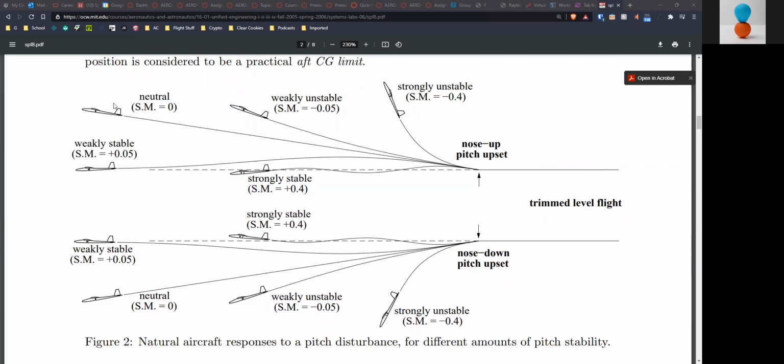Basically, the main kind of stability we worry about for the kind of planes that we make, at least, is pitch stability, because it directly affects and is dependent on how much lift you're producing and where. It's the one that's most impacted by your performance and has the greatest impact on your performance.